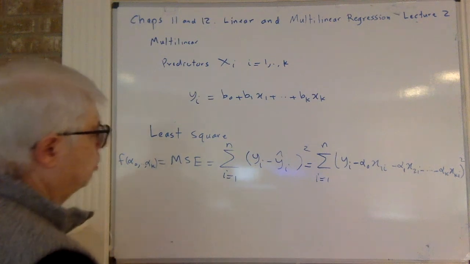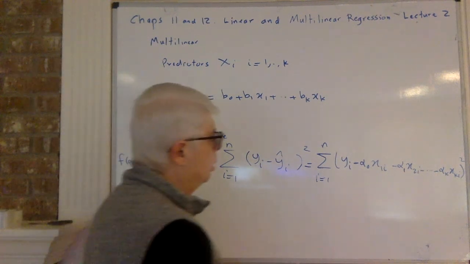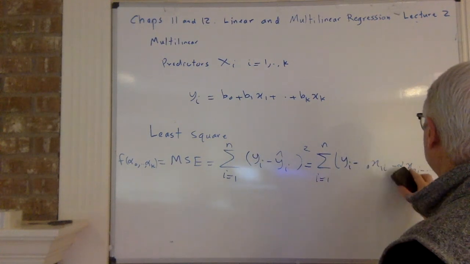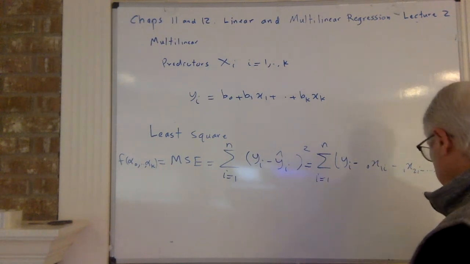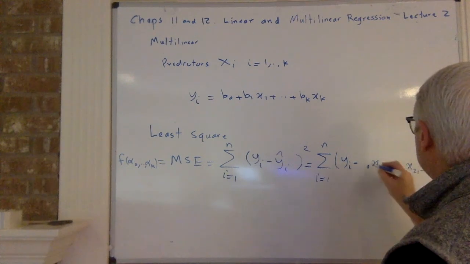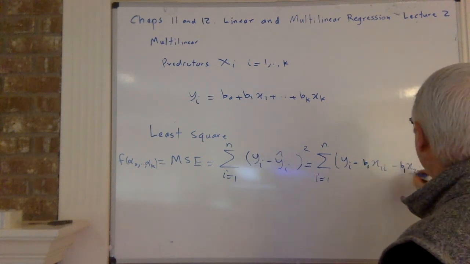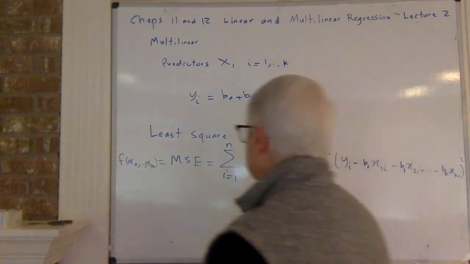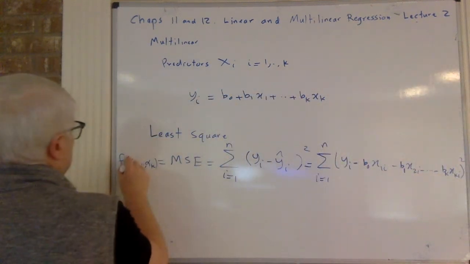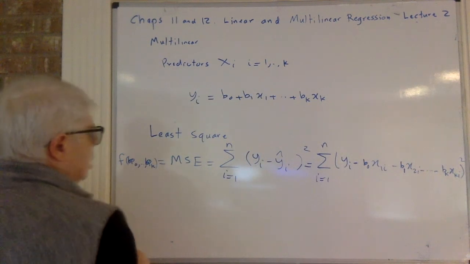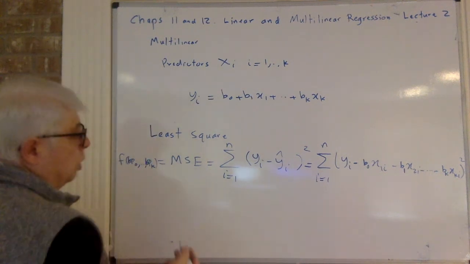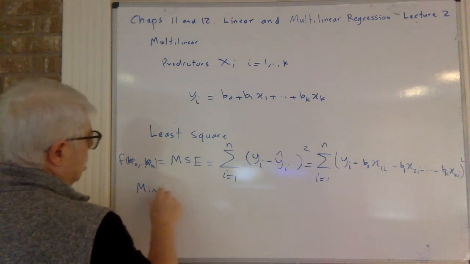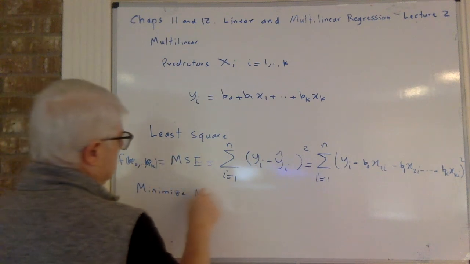Why do I use alpha? I should use b. So this is a function of the b's: b0, b1, up to bk. So we want to minimize this MSE.